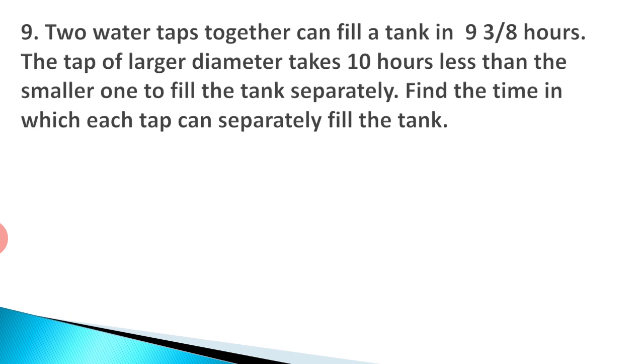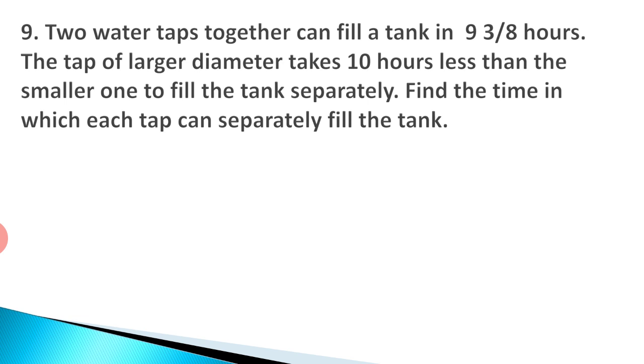Now, very important questions. These questions are always a little bit confusing to us. So suppose you think of a tank, and the same tank is filled by the two taps separately. So let us take the smaller quantity first. Which is the smaller quantity here? Time. Which tap is taking smaller time?